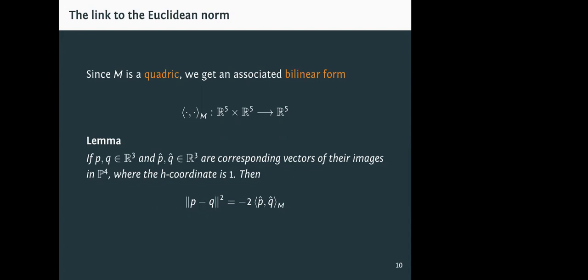Namely, if we have 2 points in R3, and then we take the two corresponding points in P4, for which we normalize with h coordinate equals to 0, then the square distance of the 2 points in R3 can be obtained by taking the scalar product of the vectors representing the points in P4, this scalar product with respect to the quadric M. Okay, so this quadric somehow encodes a little bit the square norm of R3.